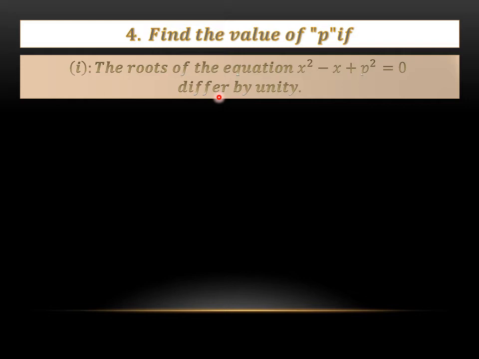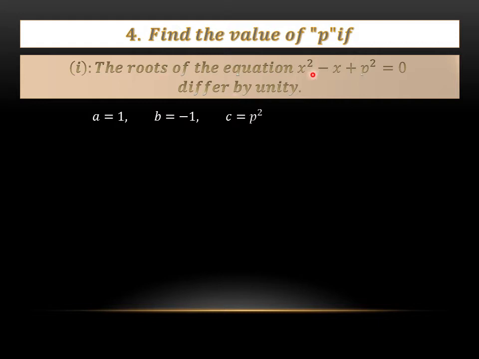We always take the value of alpha and then alpha minus any number which is given to you. The number given is unity. Unity means 1. The roots of the equation differ by unity. It means one root will be alpha and the other root will be alpha minus 1. As you know, differ always means minus and unity is 1. So we will say that the next root is alpha minus 1.